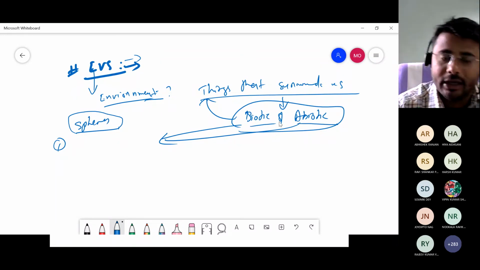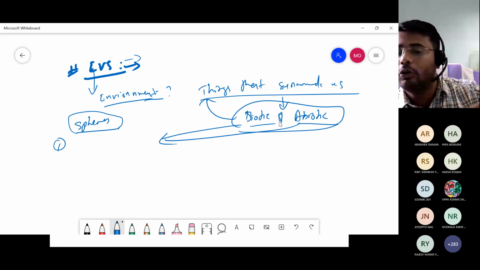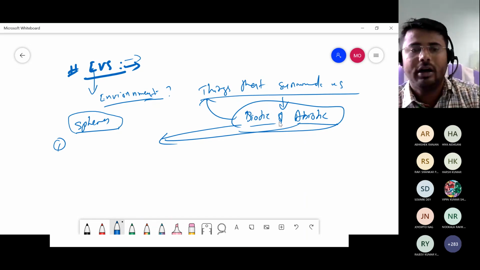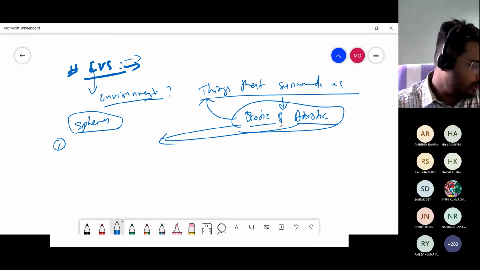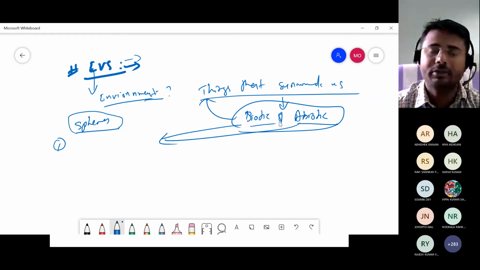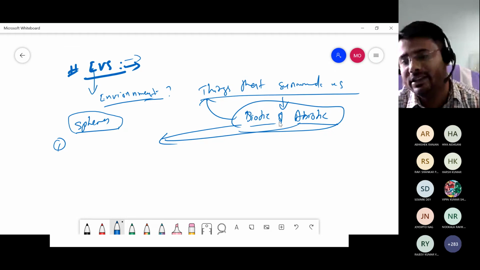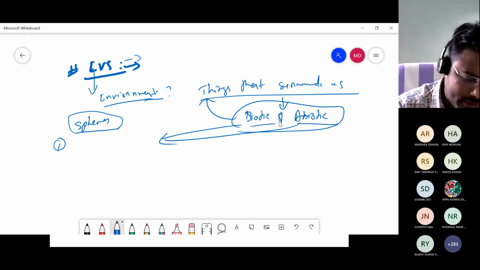If you go by sequence, chronologically, the Earth was there. Whatever architecture we have today of the Earth was not the same when it initiated. It was different at that time.